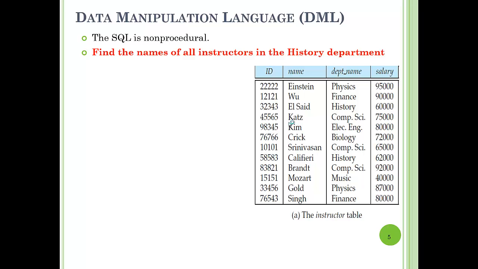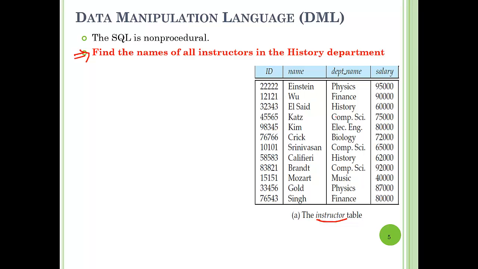But here in non-procedural, I don't require any procedure, I'm just retrieving the information from the table, that is the name of an instructor. Now what I would like to retrieve is called the query. This information I would like to retrieve or fetch from the table: find the names of all instructors in the history department.